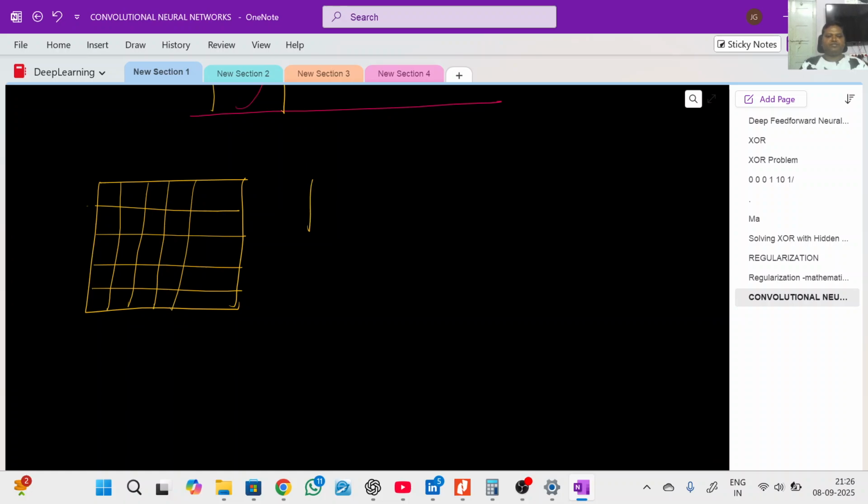And I have a filter here, which is, let us say, a 2 by 2 or 3 by 3 kernel. Now look at the terminology. This is called the input, which is generally image data, a two-dimensional matrix. And this is known as the kernel or filter.